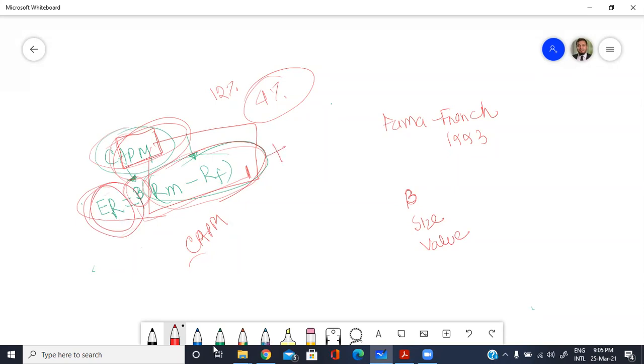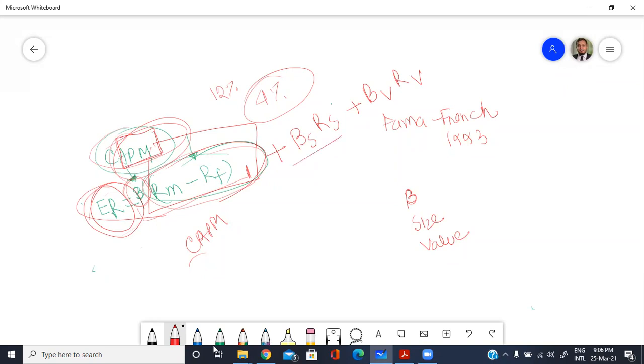They assumed that there should be a size beta, there should be a value beta, and there should be a risk premium for the size factor, there should be a risk premium for the value factor.